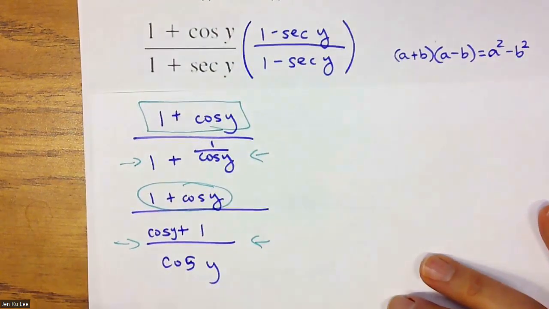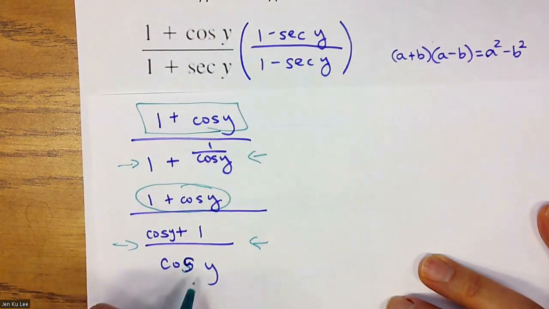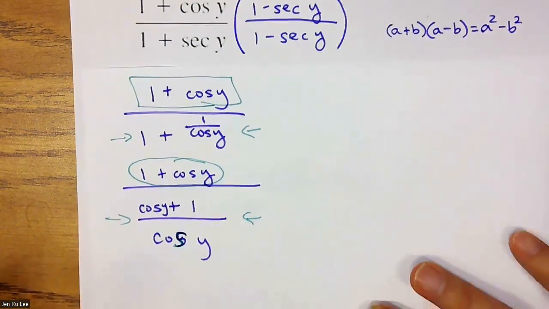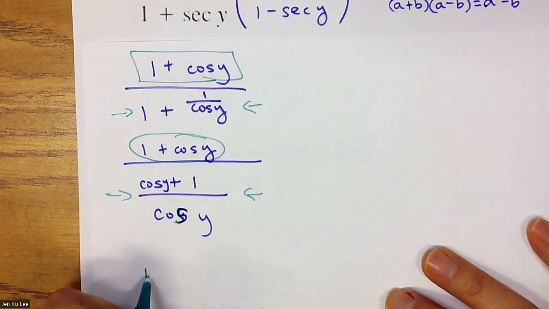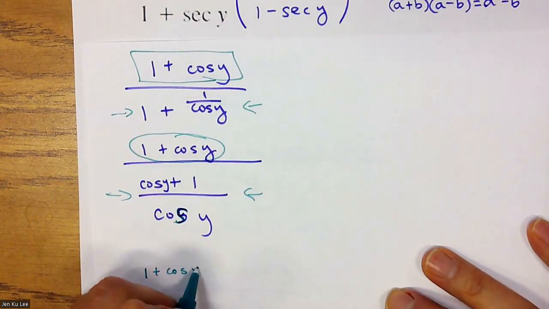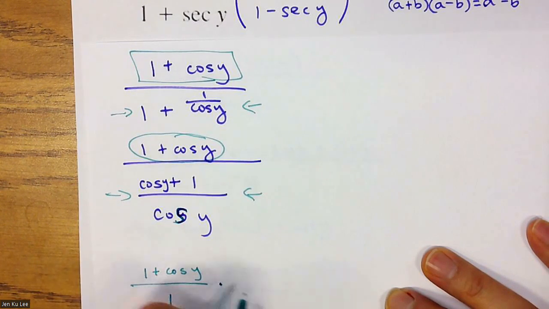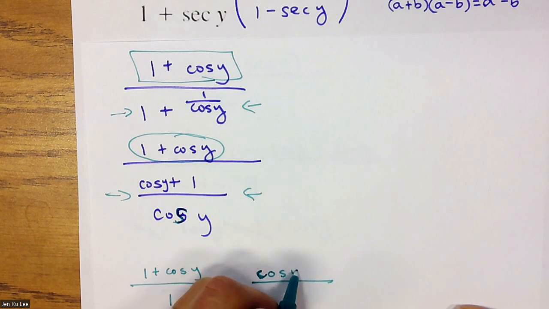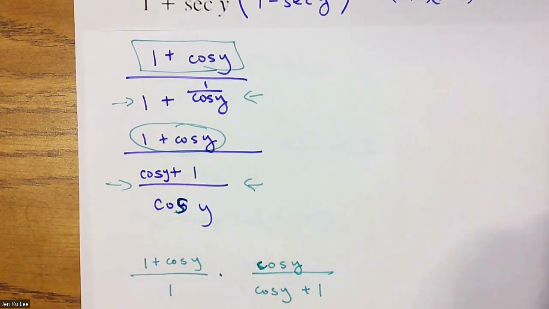That's cosine. Yeah. Now I have a fraction. I'm dividing a fraction, so I'm going to multiply by its reciprocal. Right?